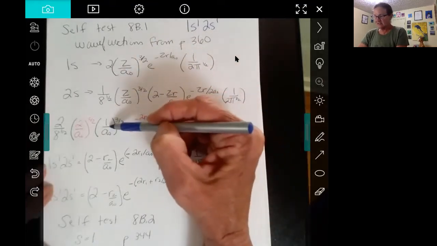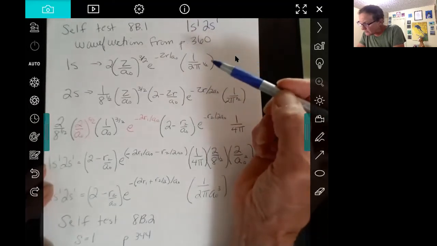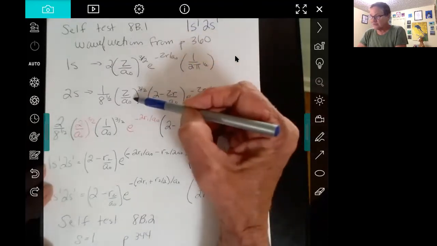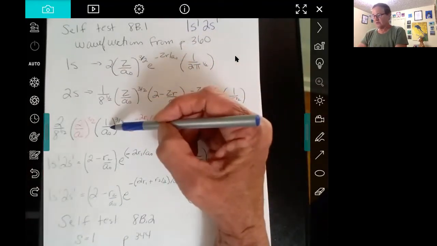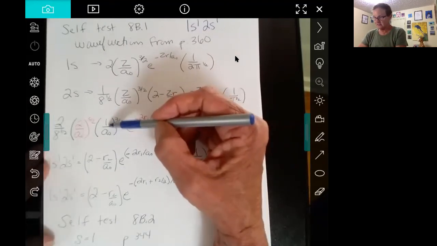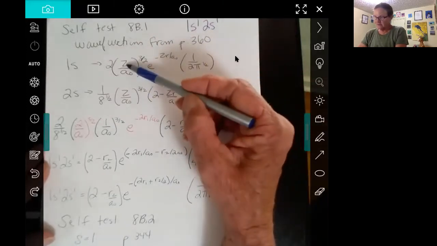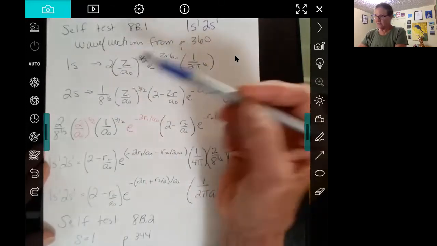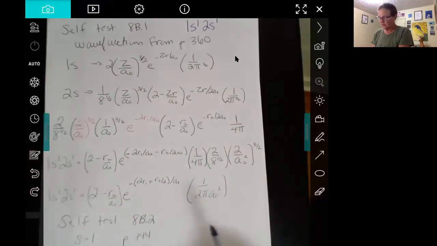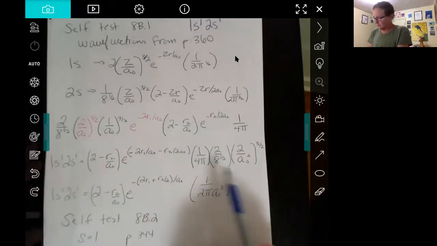So we're going to say it sees an effective nuclear charge of, it should be a 2, yeah, this 2 right here. The second electron in a 2s is further away, and we're going to say that it's shielded by the first electron, so it's only going to see a nuclear charge Z of 1. So we're going to put in Z of 2 for the 1s electron, Z of 1 for the 2s electron. And then I'm just going to multiply those by each other and group terms.